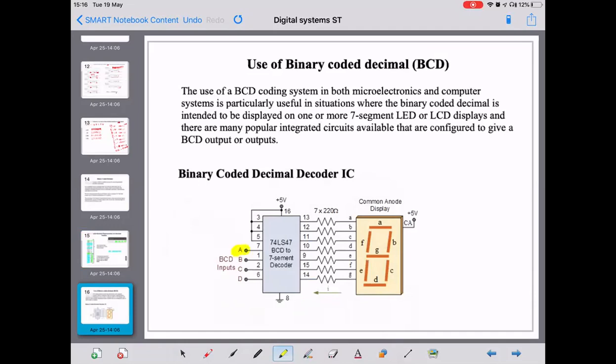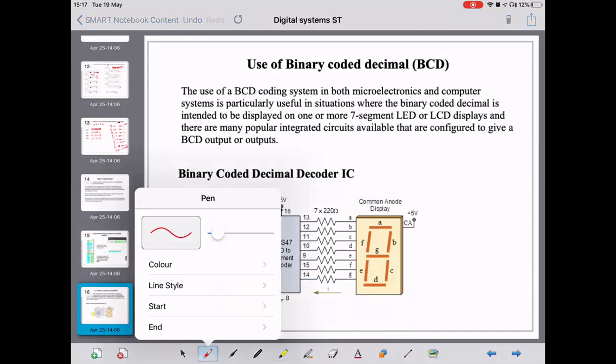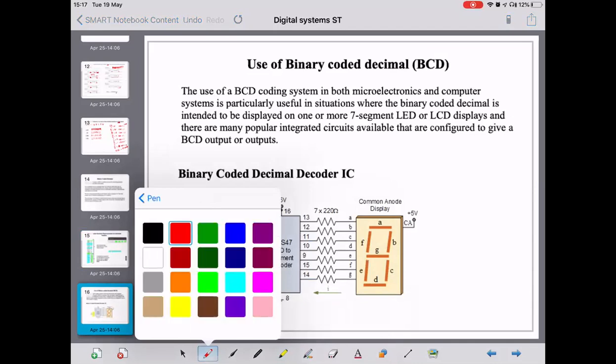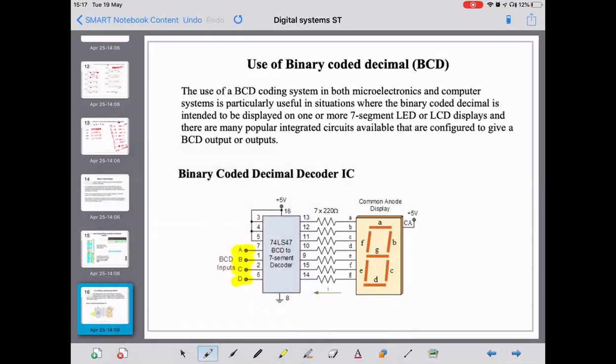So here are our 4 inputs, A, B, C, and D, of our binary number. It's not explicit, but I would imagine that A is the least significant bit and D is the most significant bit.